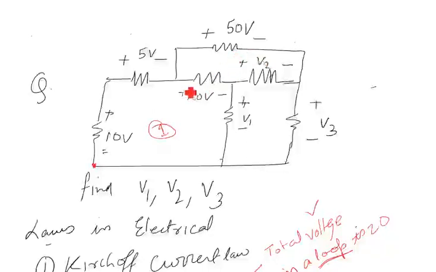This loop, you can start from here, go around this path and then come back. So this is the second loop. Now you can start from here, go around this and get the third loop. So the total number of loops is actually 3.